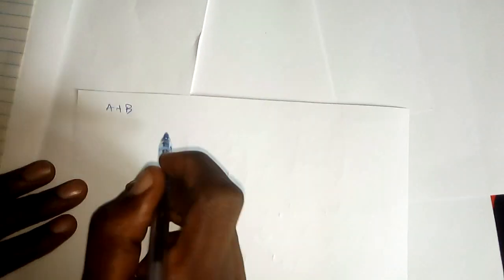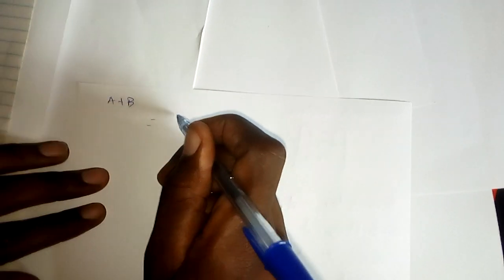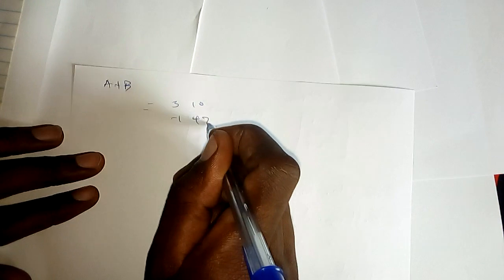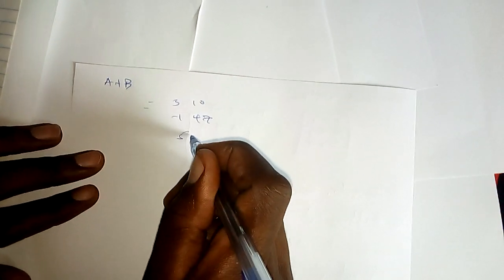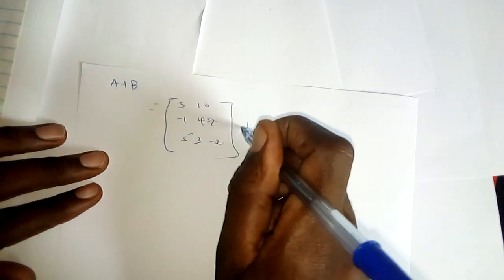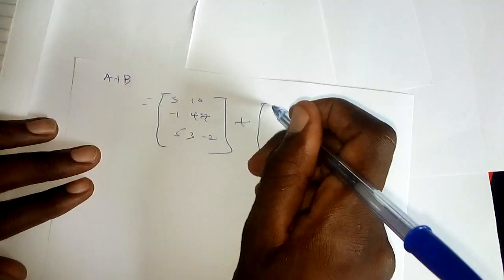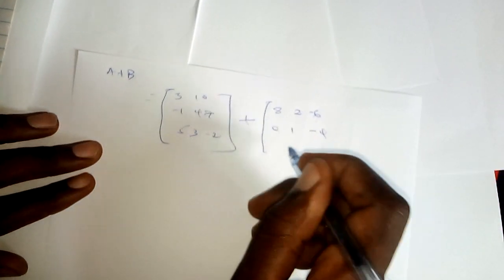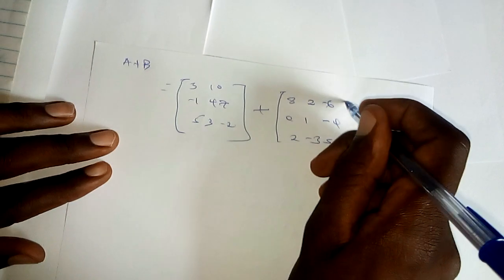The first one now, if you want to do addition of matrix A to B, you copy and paste matrix A, which is 3, 1, 0, negative 1, 4, 7, 5, 3, negative 2, plus matrix B in brackets, 8, 2, negative 6, 0, 1, negative 4, 2, negative 3, 5.